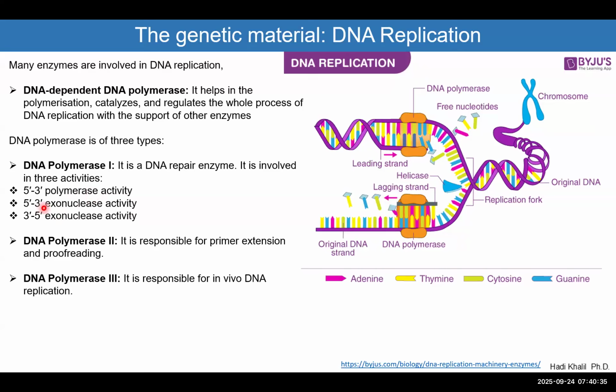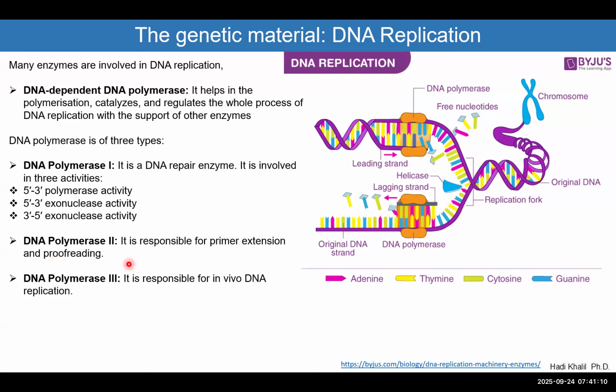It has 5' to 3' and 3' to 5' exonuclease activity, because as it's moving and adding that guanine, say it makes a mistake here. It took, let's say, an adenine and put it there. It has the ability, an exonuclease activity, where it could stop and remove that and then add the right, correct one, which is the guanine again.